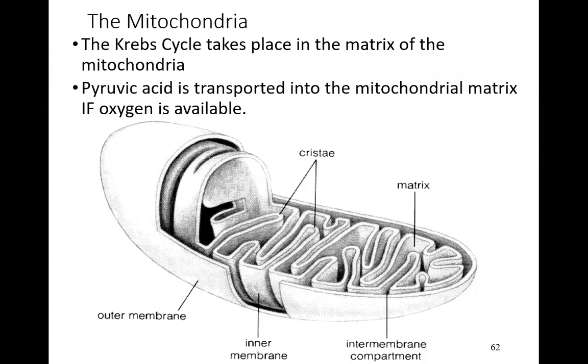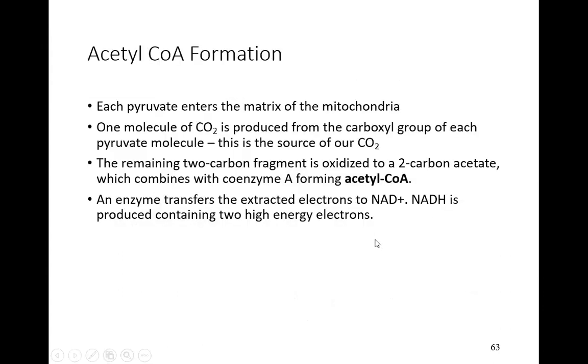The pyruvic acid enters what's known as the Krebs cycle. The pyruvic acid is oxidized and broken down to a 2-carbon compound. That 3rd carbon comes off as carbon dioxide. The 2-carbon compound enters the Krebs cycle proper.